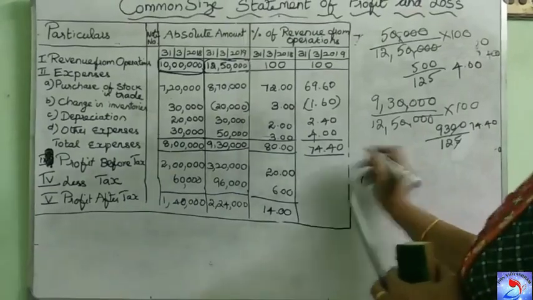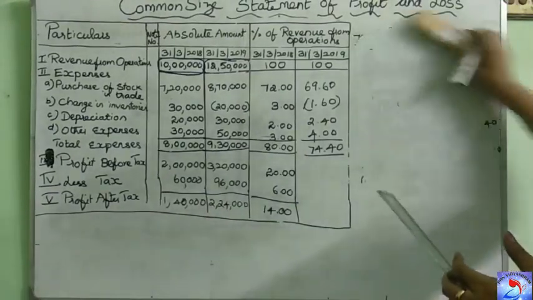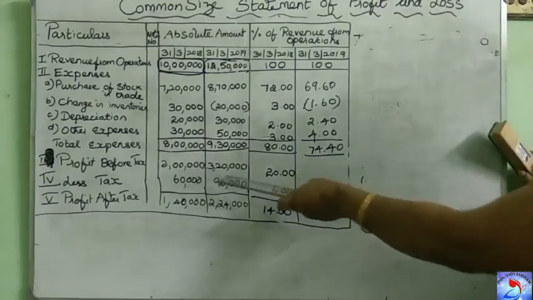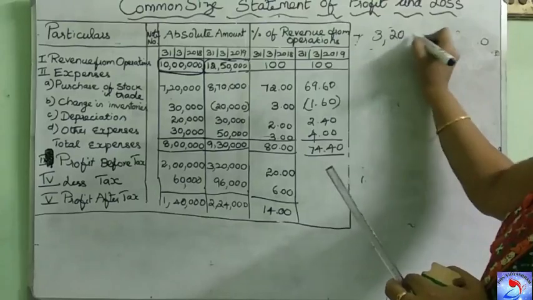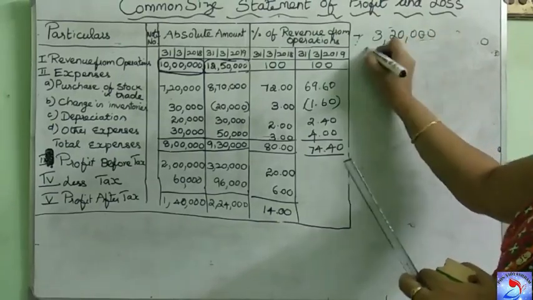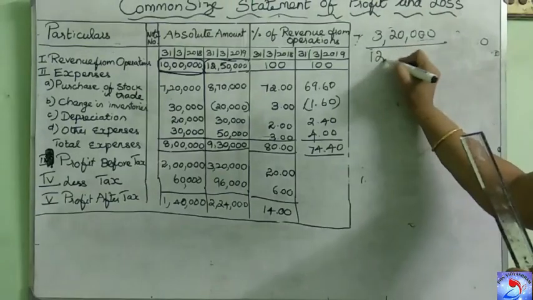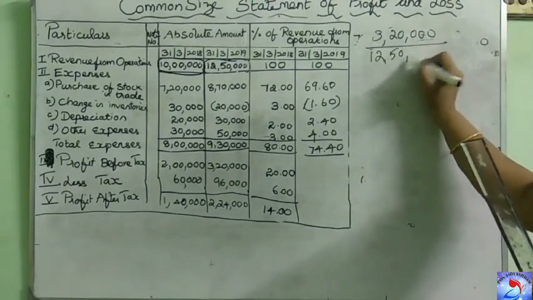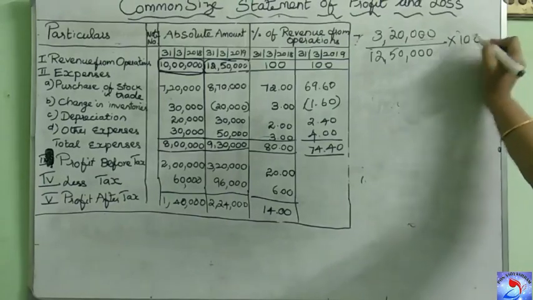Then profit before tax. What is the amount which is given? 3,20,000. What is the base amount for 2019? Yes, it is 12,50,000 into 100.